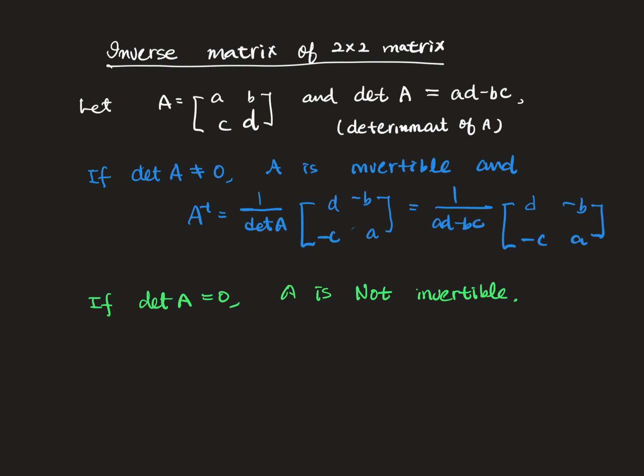First we define the determinant of A. The determinant of A is AD minus BC. The first condition is that the determinant of A is not 0. That's very important. Then you know matrix A is invertible, which means matrix A has an inverse matrix.